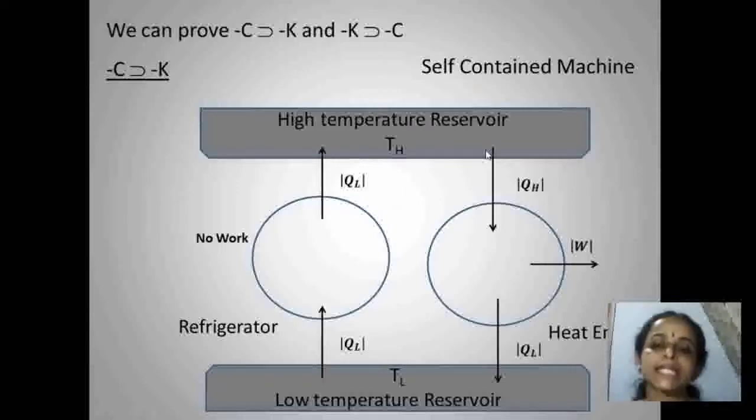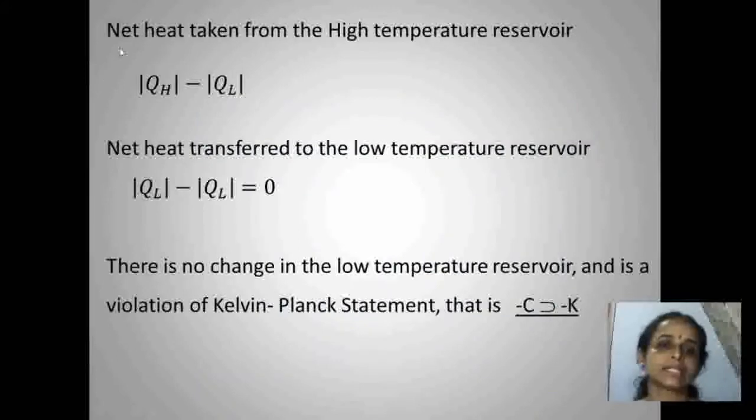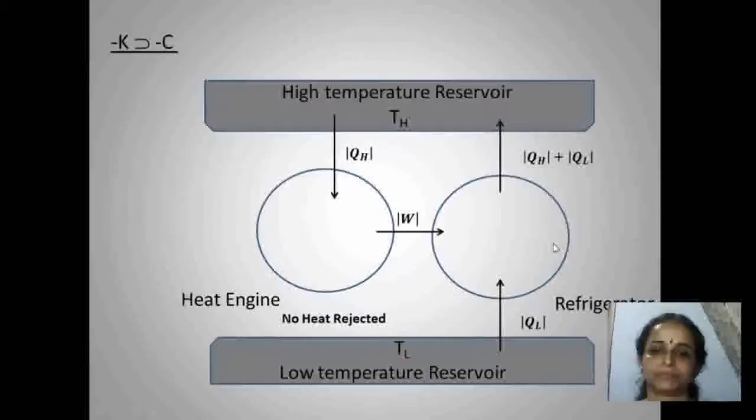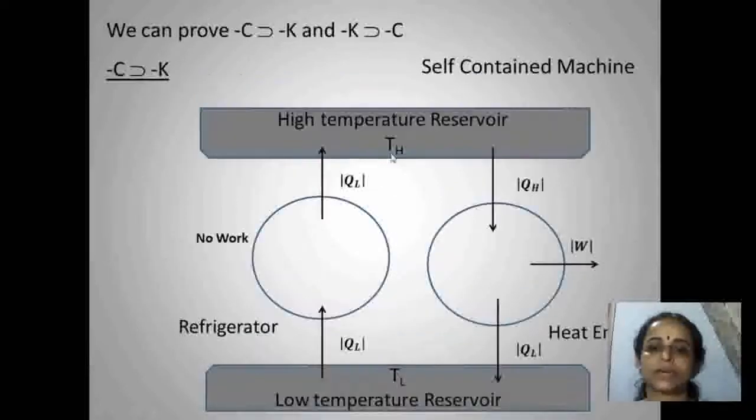So net heat taken from the high temperature reservoir is QH minus QL.